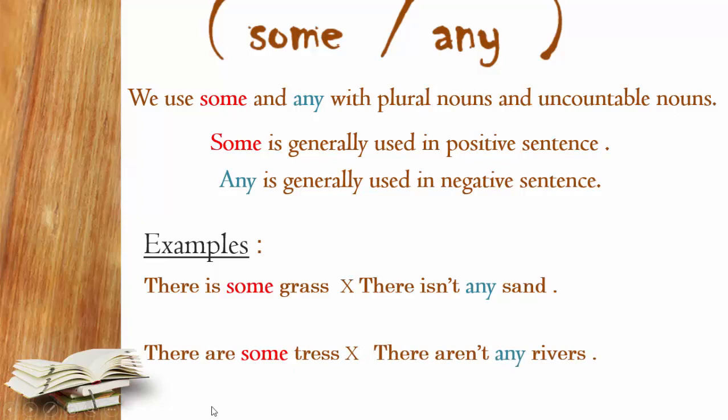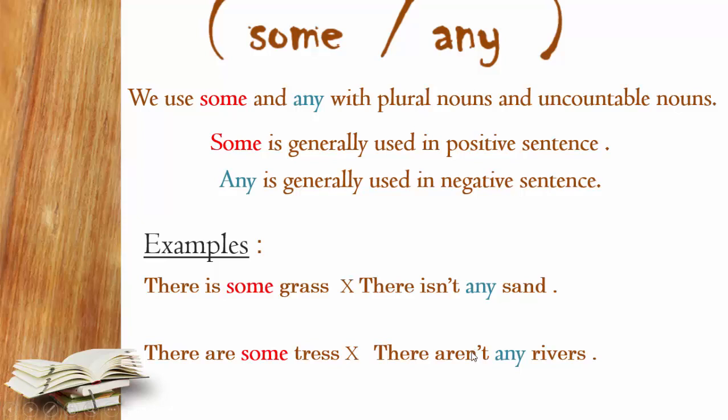Look at these examples too. There are some trees. We said after some we have plural nouns or uncountable nouns. Here we have a plural, but in the first example we have an uncountable noun. For both of them we use some because it's a positive sentence. And the next one, there aren't.